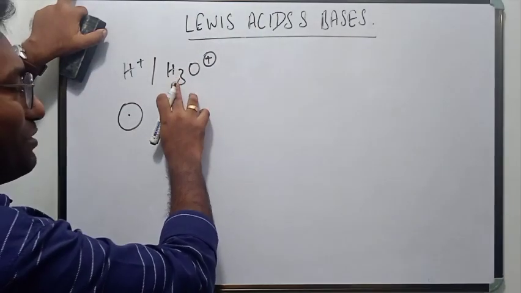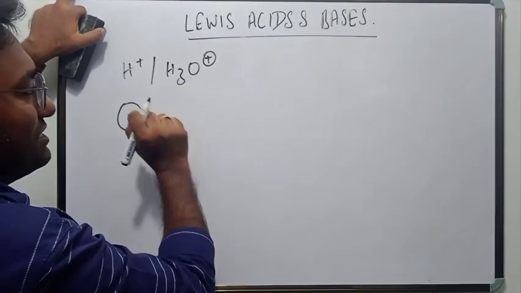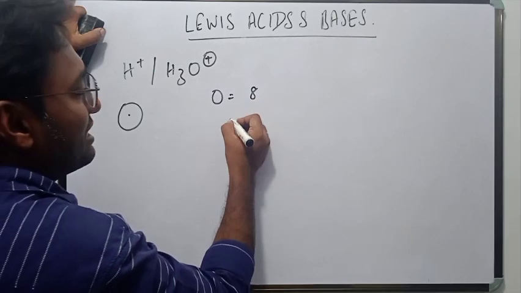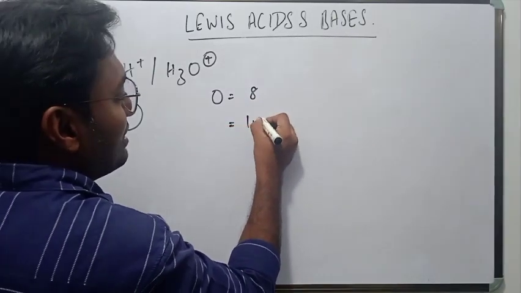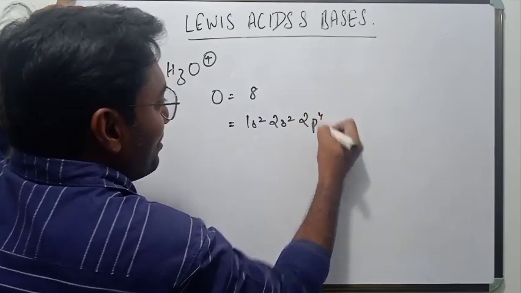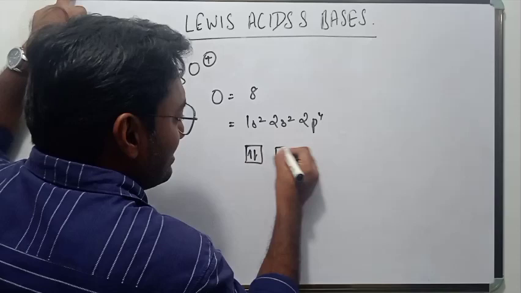Let us now discuss H3O+. Where is the positive sign? On oxygen. What is the atomic number of oxygen? 8. Can we go for its electronic configuration? 1s2, 2s2, 2p4. Right? Shall I draw this? It would be like this.